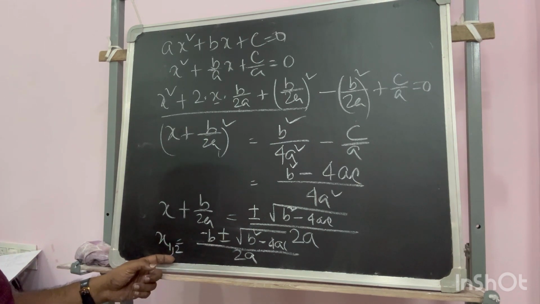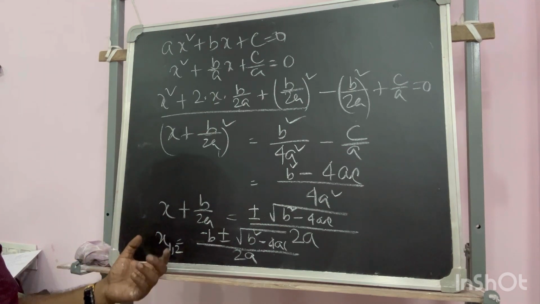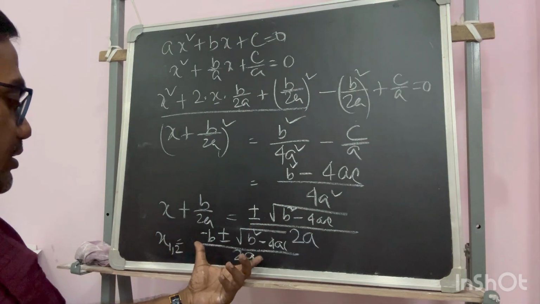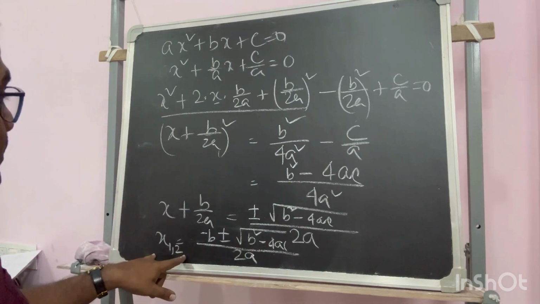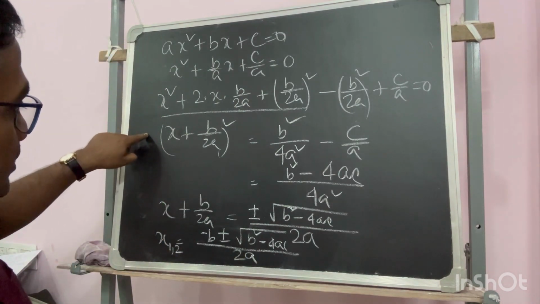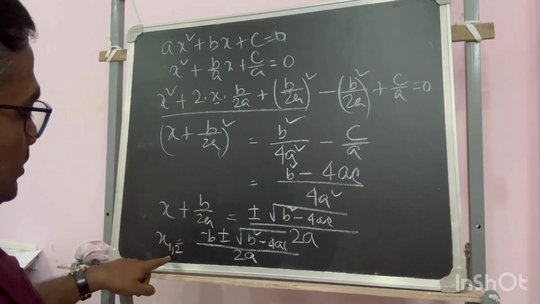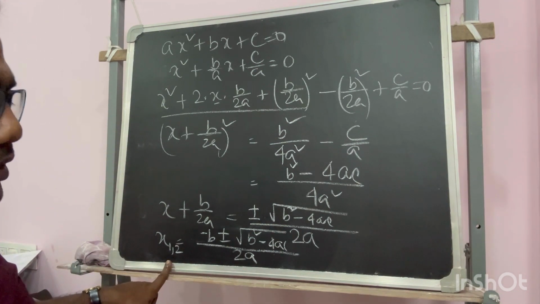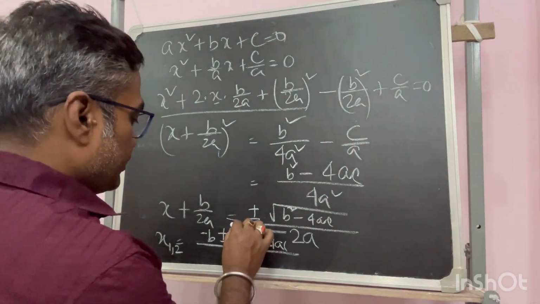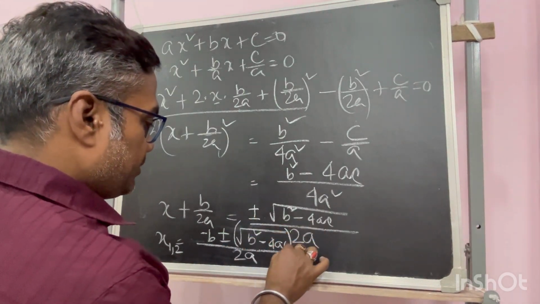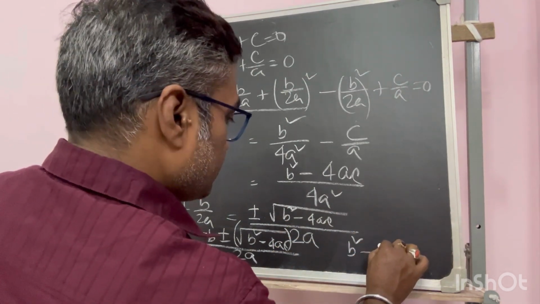It is not that you have to take x1, x2 in this way, the main thing is that you will get two different values. So this is the process by which, by turning it to a square, you will get the roots of this quadratic equation.